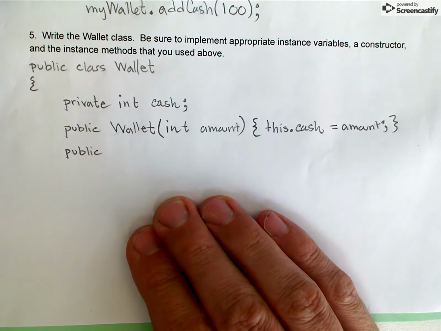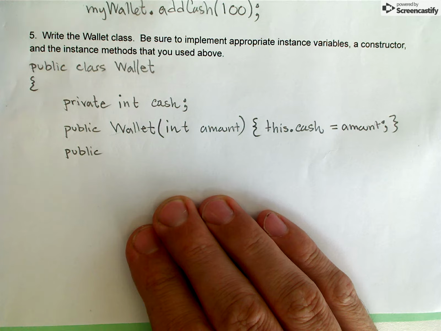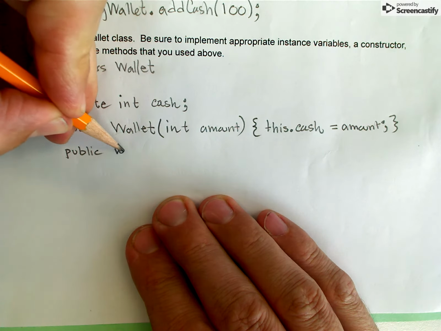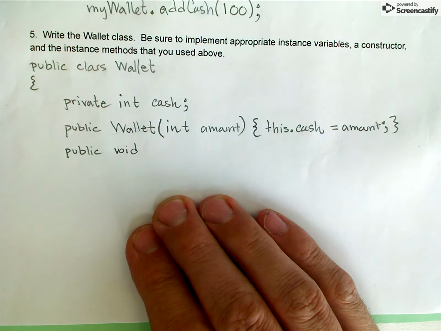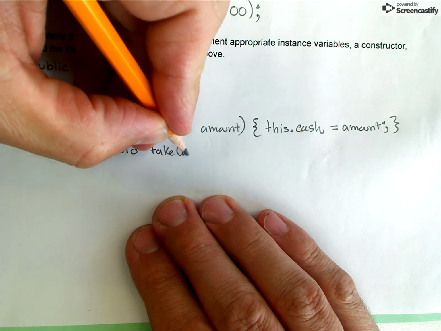So the first one, take cash, it's going to be a public method because I can access it from other code. It doesn't return anything, so I'm putting void as the return type. And the method name is called takeCash.